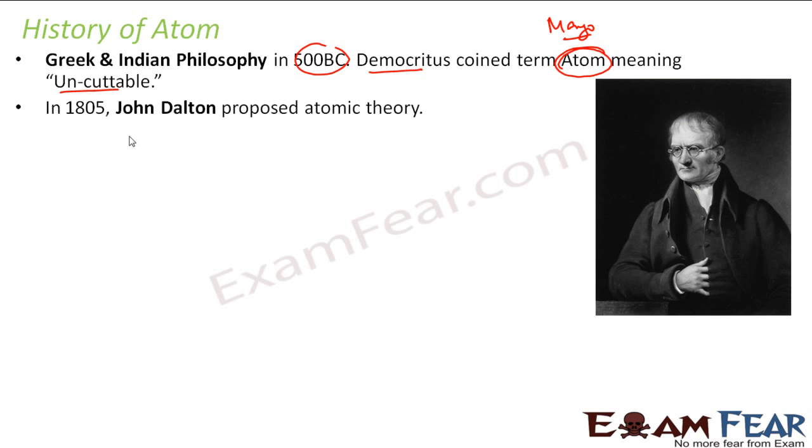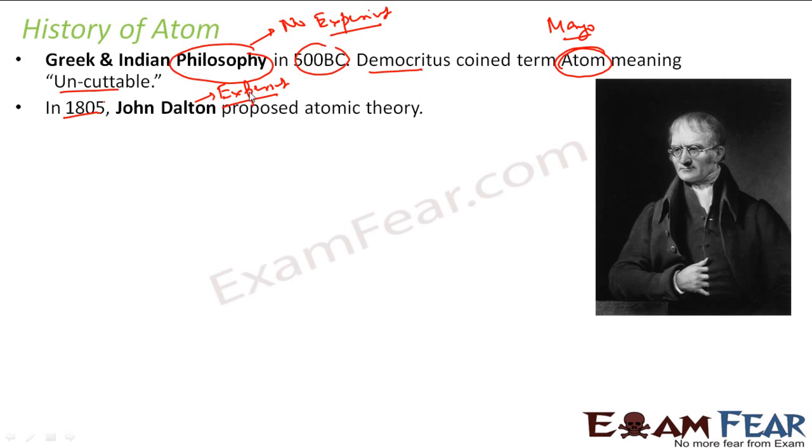Then in 1805, almost 700 years after this, because this guy gave the term atom, but it was just a philosophy. There was no experiment at this point of time. It was just a philosophy. Some people used to believe it, some people used to oppose it. This guy in 1805 proposed the atomic theory, and he had some experiments done to prove this.